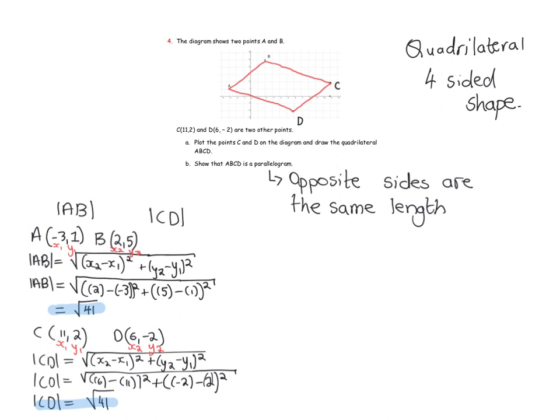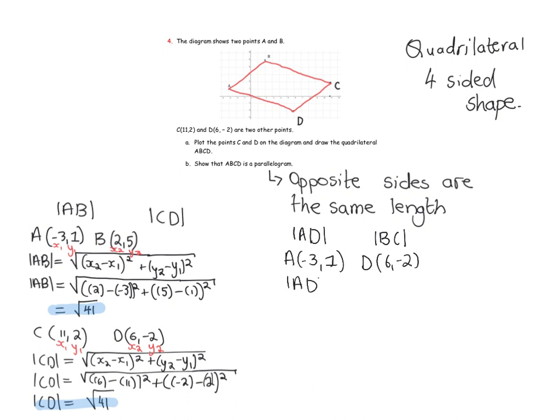Yes, we need to also show that the other sides are the same length. So the other sides would be AD and BC. I'm going to start with AD. So we have A here, which we know is minus 3, 1, and D, which is 6, minus 2.